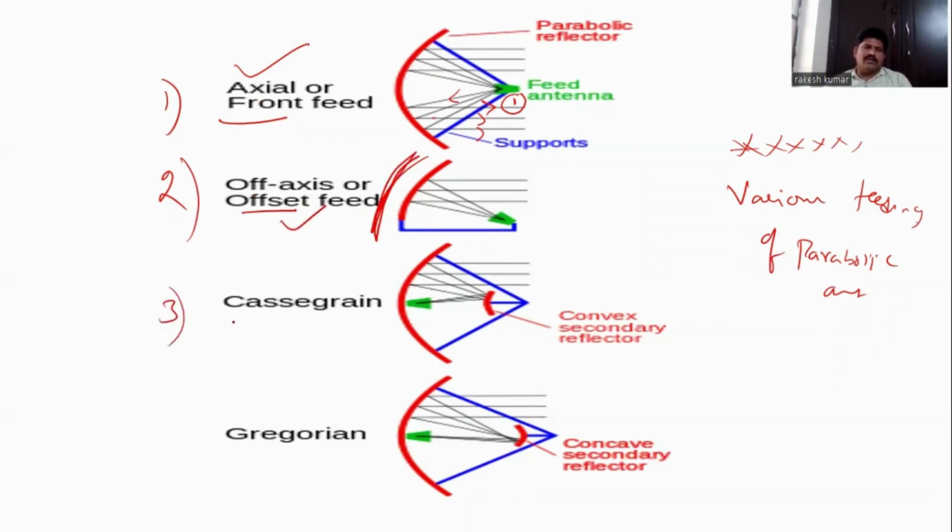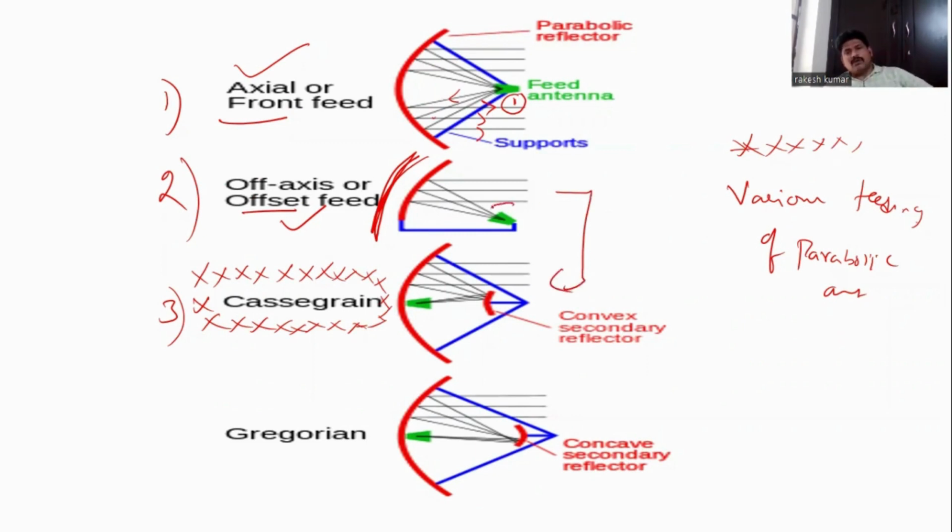The third one, the most popularly used feeding technique in parabolic antenna, is Cassegrain. The most popularly used practical antenna is Cassegrain. What is the difference you have noticed between this diagram and that diagram? Here, how many reflectors are there? Only one reflector and one primary source.